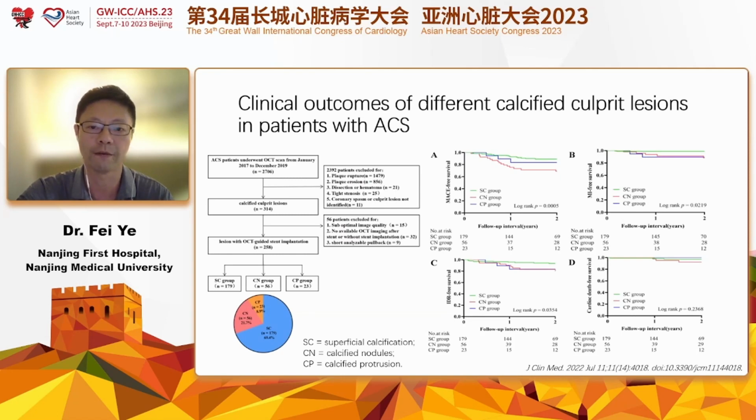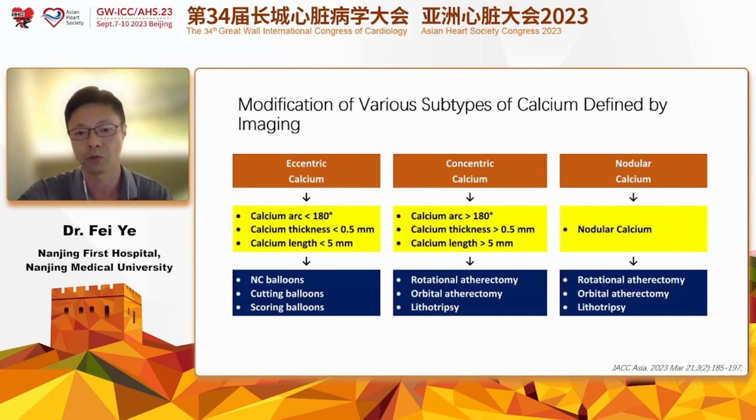We also found from this paper published in 2022 that if the patient's culprit lesion has calcification with thrombosis formation, the outcome is worse compared with superficial calcification or calcified protrusion, which means luminal calcification.